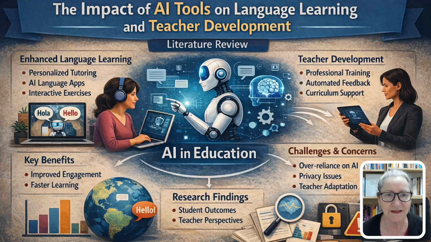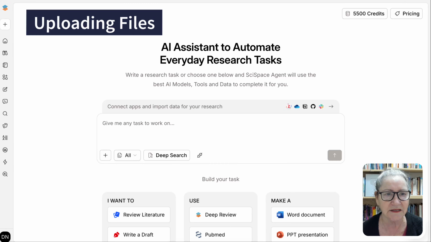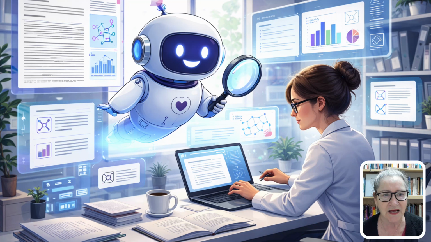I'm going to run a literature review on the impact of AI tools on language learning and teacher development. Normally, this would mean hunting down PDFs, uploading files, organizing notes, and stitching everything together manually across different platforms. Let's see how SciSpace handles this now.